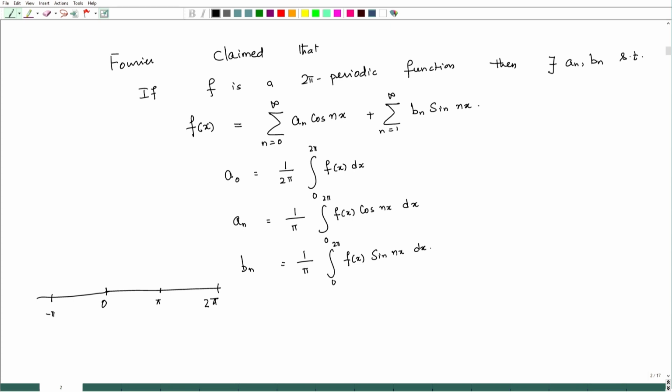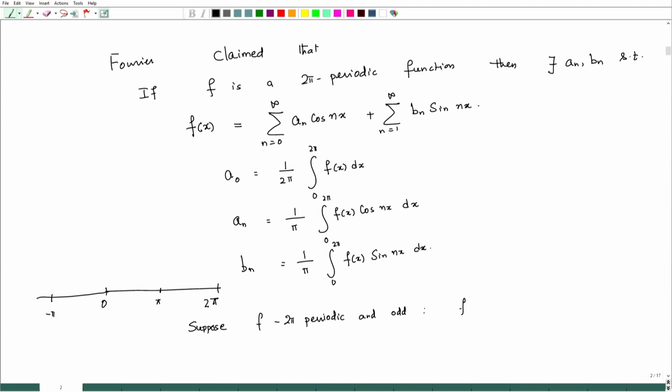Okay. So, now suppose f is 2 pi periodic and odd.